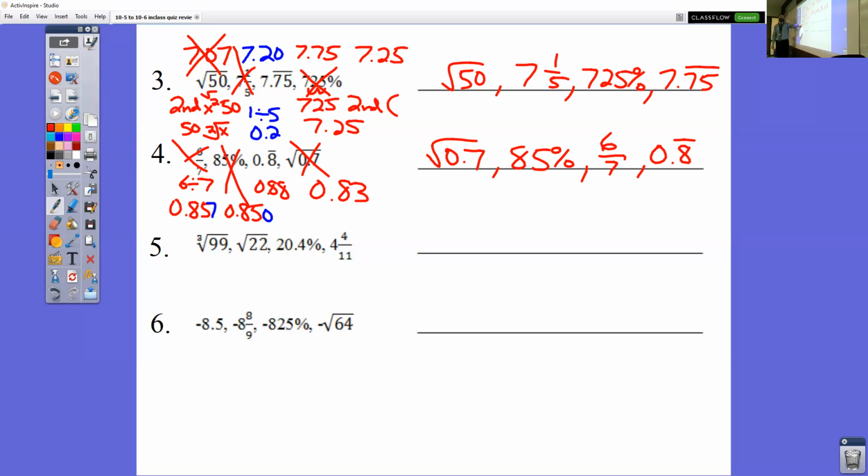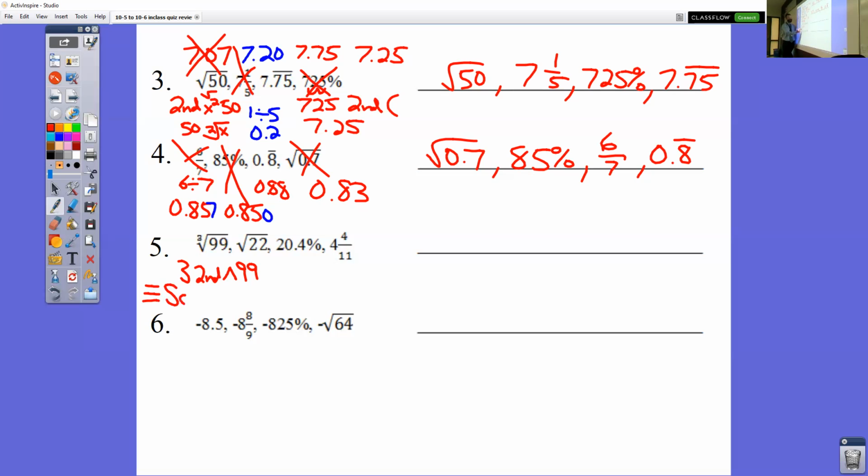In question number 5, we have our first cube root. Remember, to type in the cube root, you have to hit 3, then the second button, then the caret button, then 99. If you go to use a device calculator, you have to hit the 3 little lines.